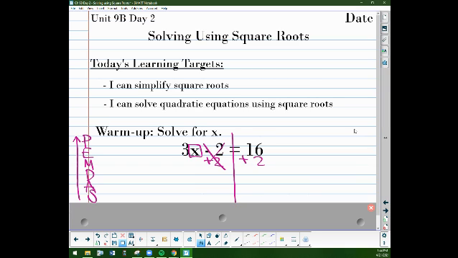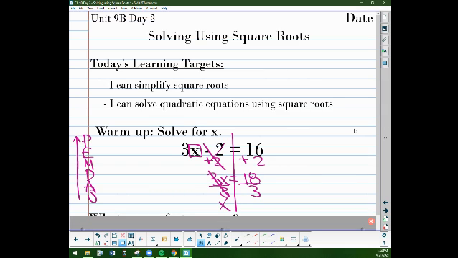On the left, I've got 3x, and on the right, 16 plus 2 gives me 18. Now I look to see if there's anything I can multiply or divide. 3 is being multiplied by x, so I divide by 3 to cancel those out, and I get x equals 6.